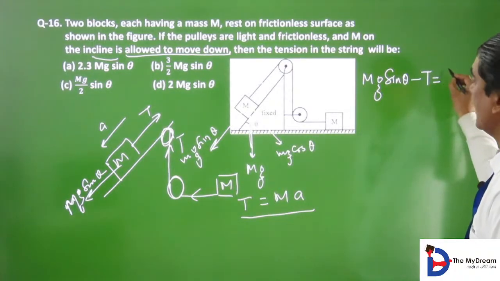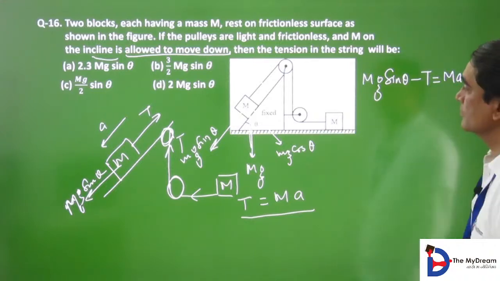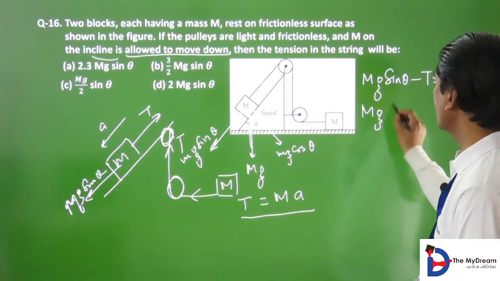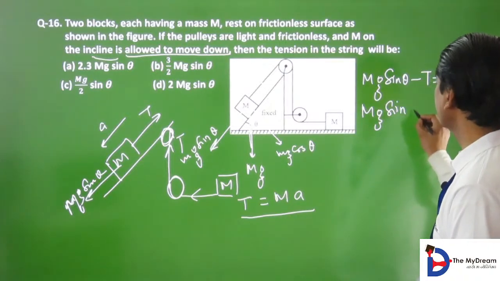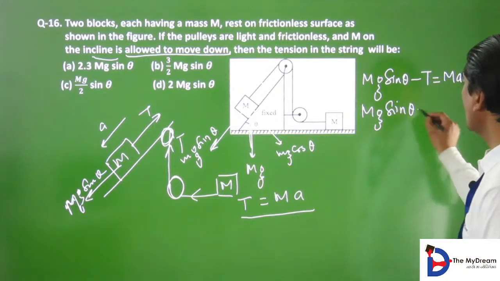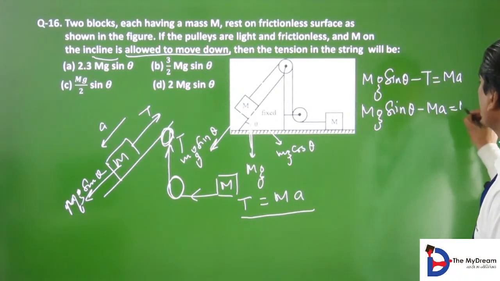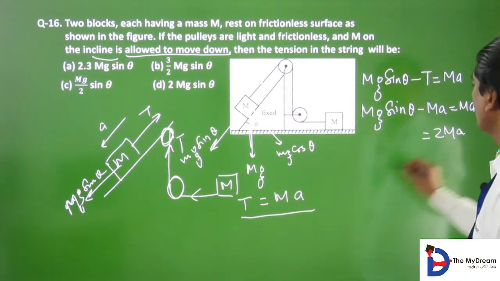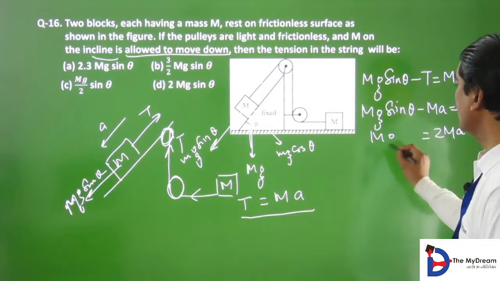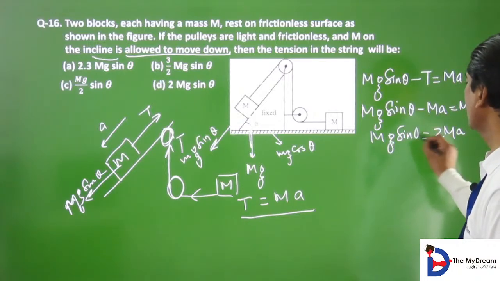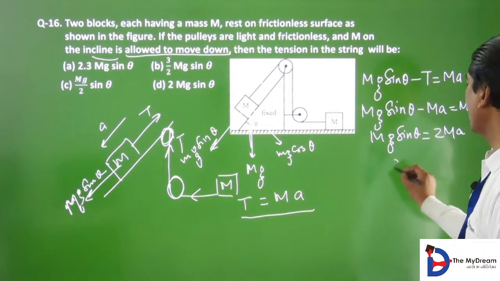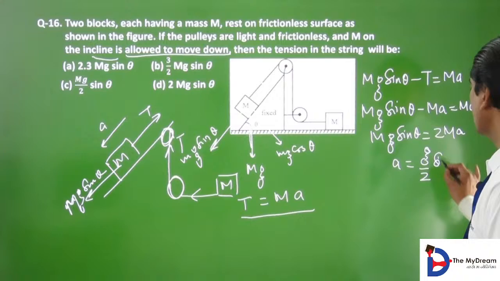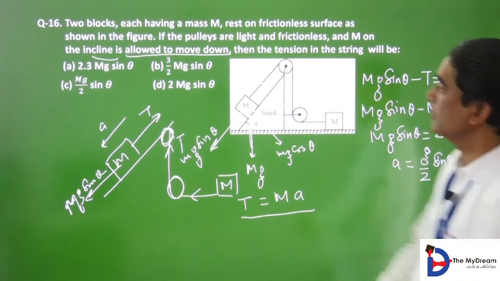So mg sin theta minus ma, that is twice of ma, so you will get a is equal to g by 2 sin theta. Option.